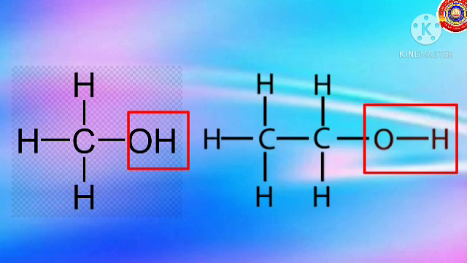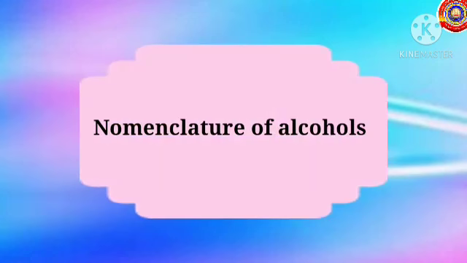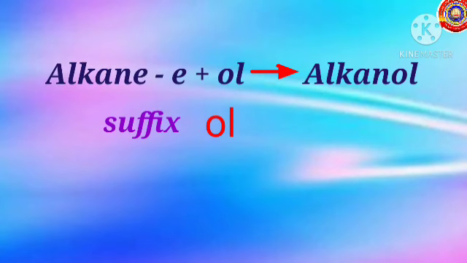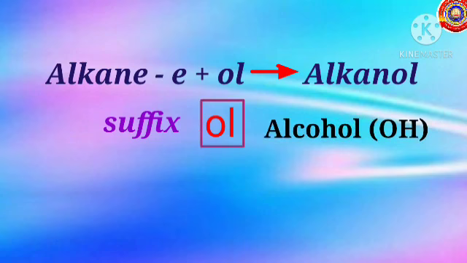The presence of the OH group in the carbon chain is the reason for the important properties exhibited by these compounds. Dear children, the naming of alcohols is done by replacing the E from the name of the corresponding alkane with the suffix OL. So remember, the suffix OL is used to represent the functional group OH.